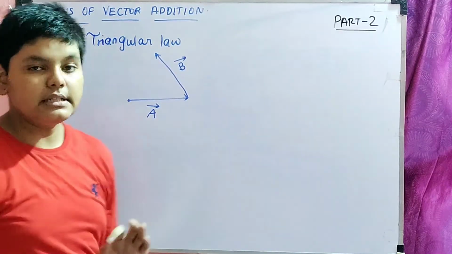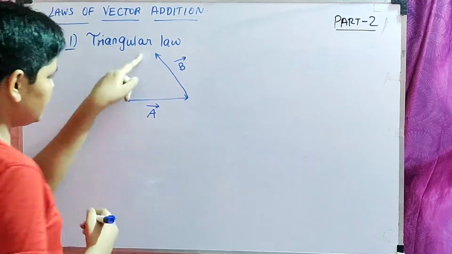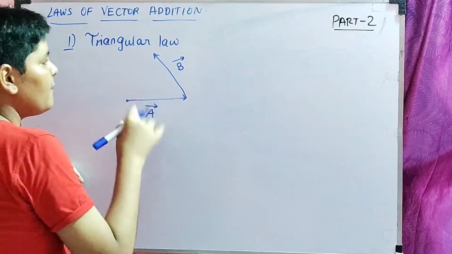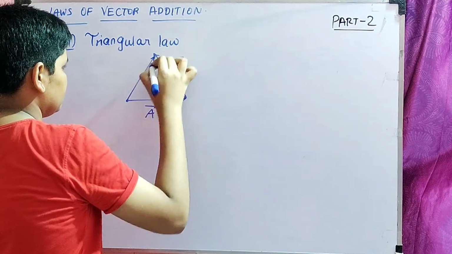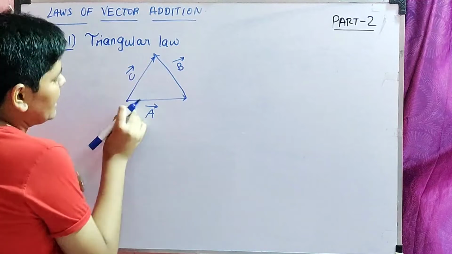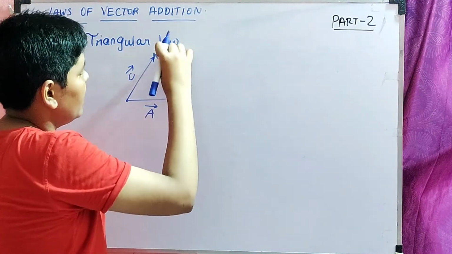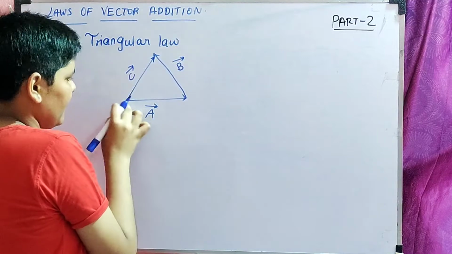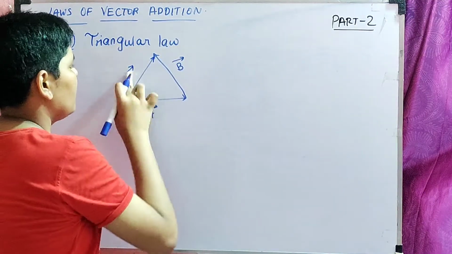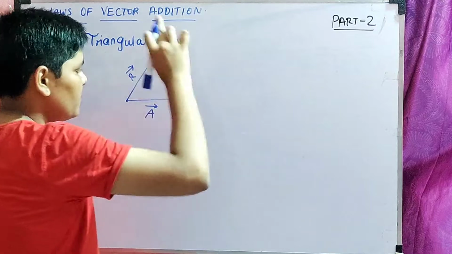Then the third side, the resultant, is taken in the opposite order, like this. If this is tail, this is head, this is tail, this is head, then instead of going back again, we have to take the C bar, or we can take here R bar, in the opposite manner.